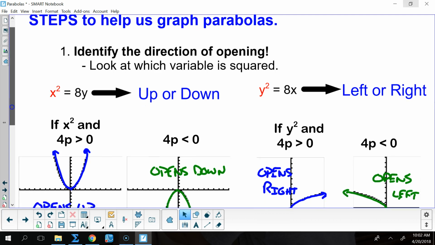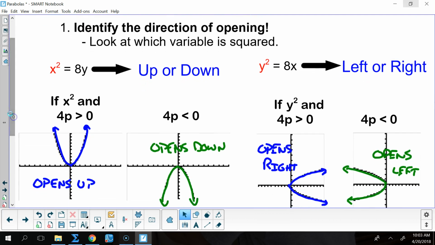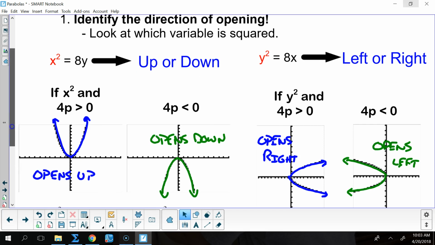So if x is squared, it's going to open up or down. If that non-squared variable is positive, or that coefficient is positive, it's up. Otherwise, it's down. If y is squared, it's going to be left and right. And if that 4p number is positive, it's going to be right. Otherwise, it's going to be left.